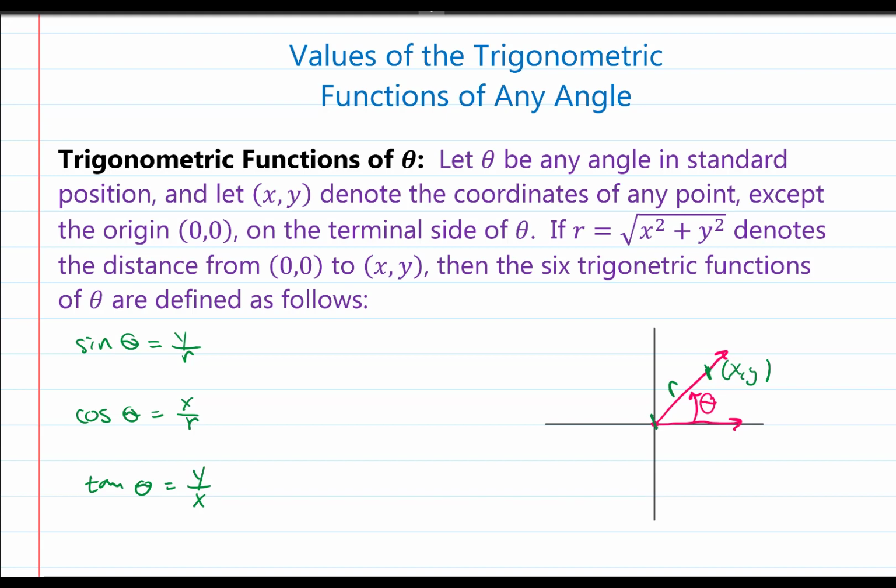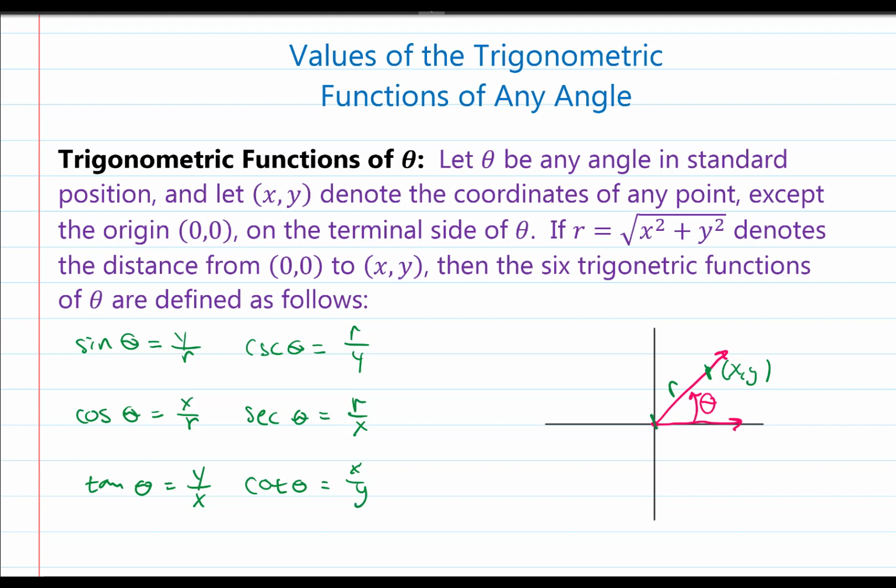Based on our reciprocal identities, we know that the cosecant of angle theta is equal to the reciprocal of sine, which means it's r over y, that the secant of angle theta is equal to the reciprocal of cosine, which is r over x, and finally the cotangent of angle theta is equal to the reciprocal of tangent, which is x over y.